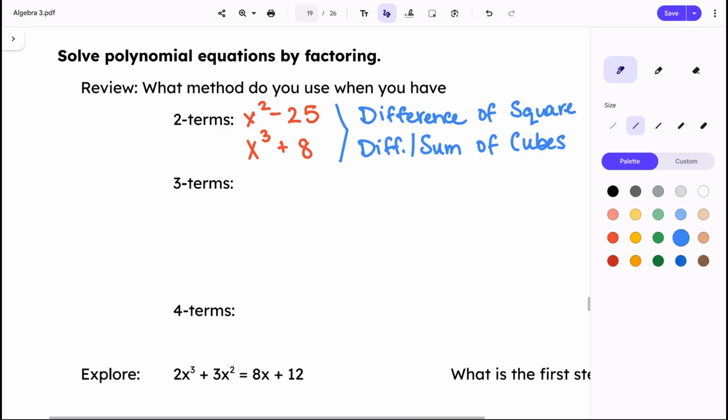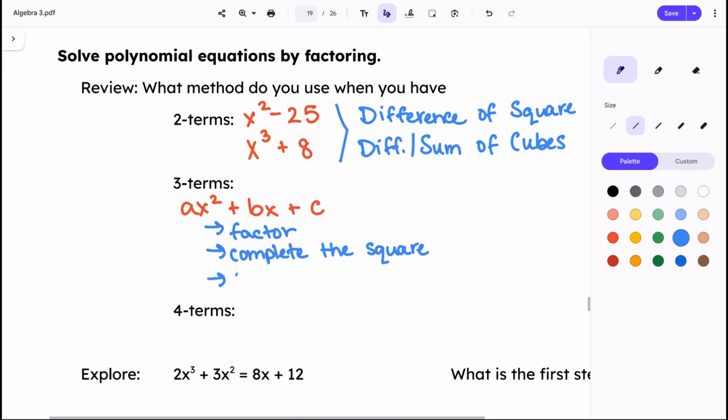3 terms, if you had something like the ax squared plus bx plus c that we've been working with the last couple of days, we talked about we could factor that. We could complete the square. Or we could use the quadratic formula.